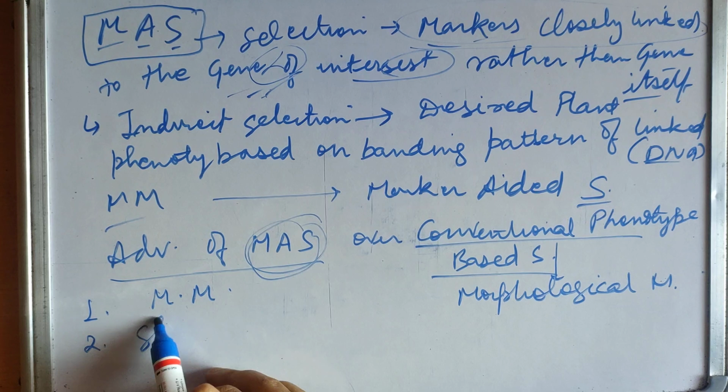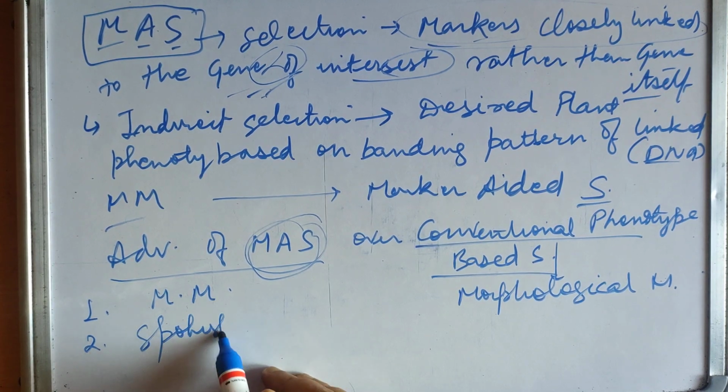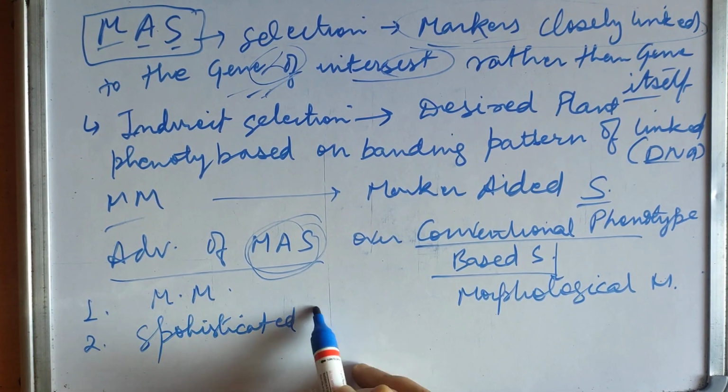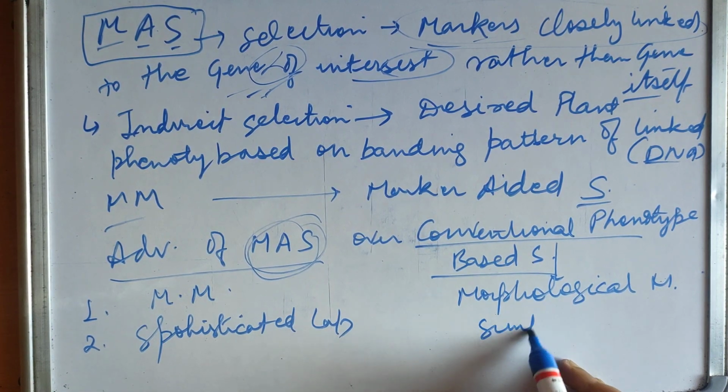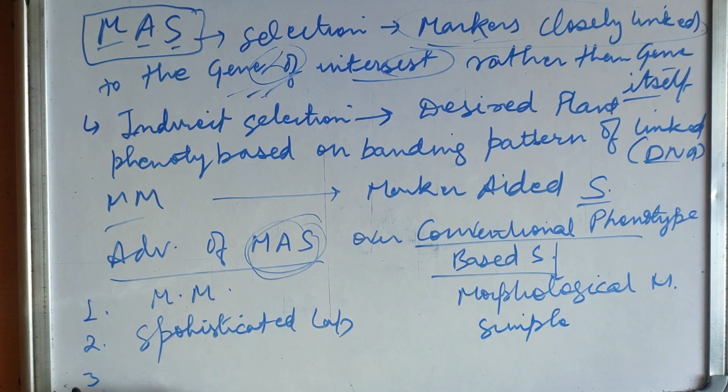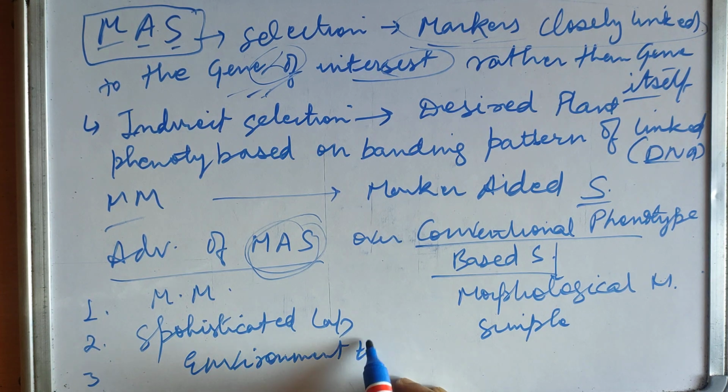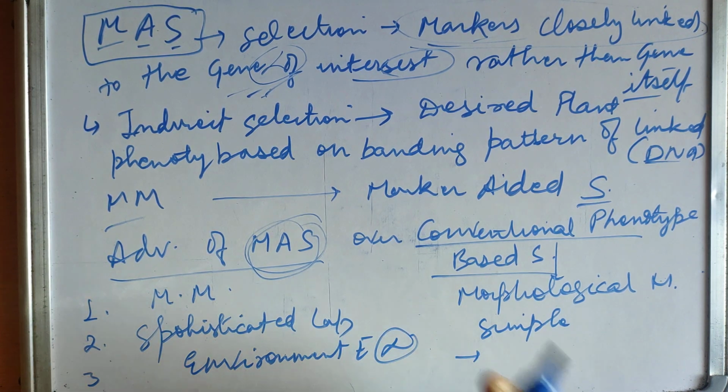In MAS we need a sophisticated lab, but in conventional breeding we need a simple lab. There is very little or almost no effect of environment in MAS, but in conventional selection there is a very high environmental impact.